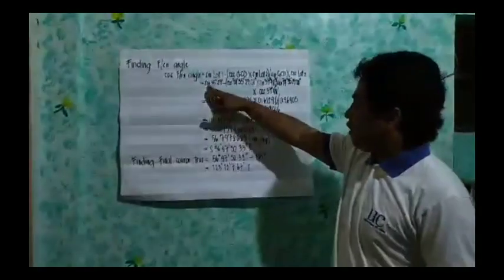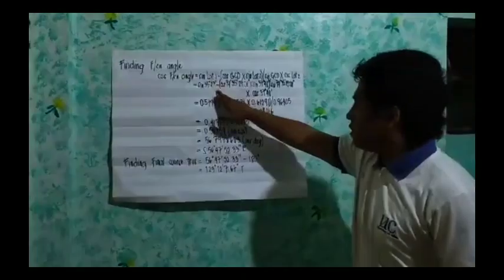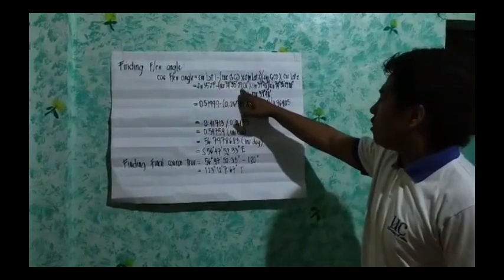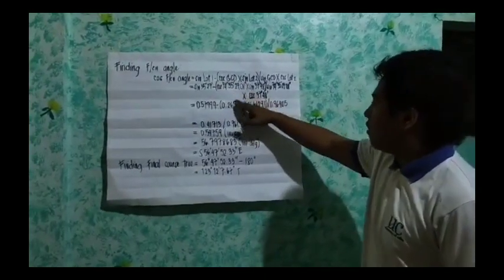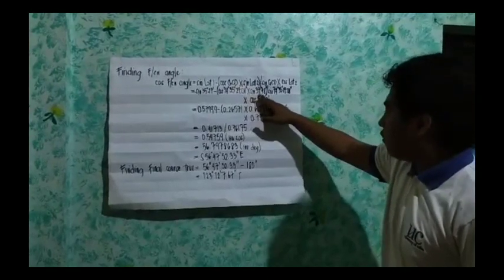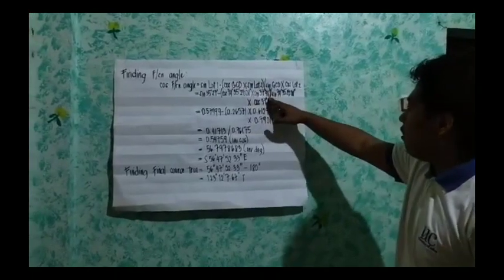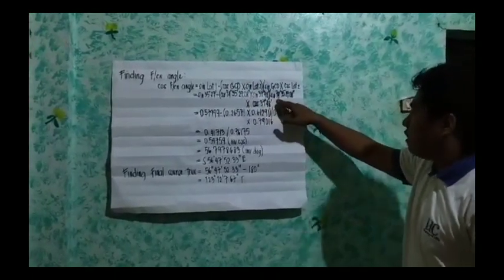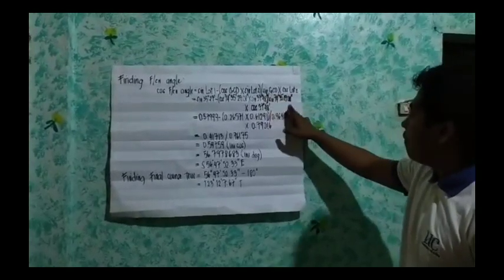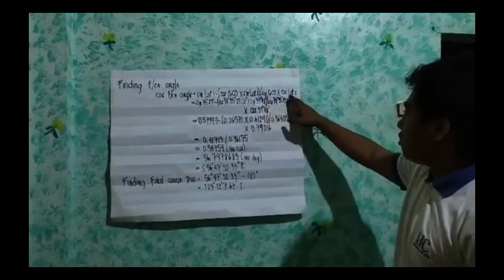That equals sine 35 degrees 27 minutes, which is the value of latitude 1, minus open parenthesis cosine 74 degrees 35 minutes and 27.08 seconds, which is the value of GCD, multiplied by sine 37 degrees and 48 minutes, which is the value of latitude 2, close parenthesis, over sine 74 degrees and 35 minutes 27.08 seconds, the value of GCD, multiplied by cosine 37 degrees and 48 minutes, which is the value of latitude 2.